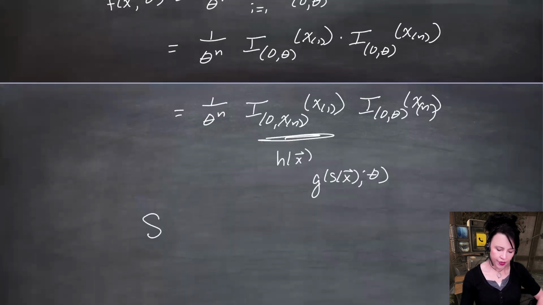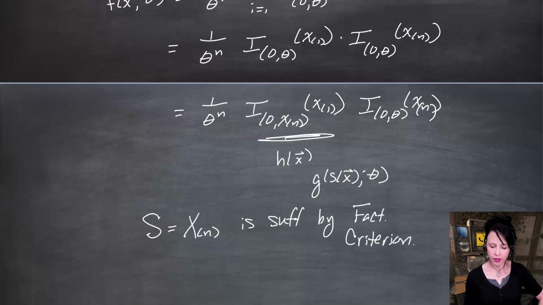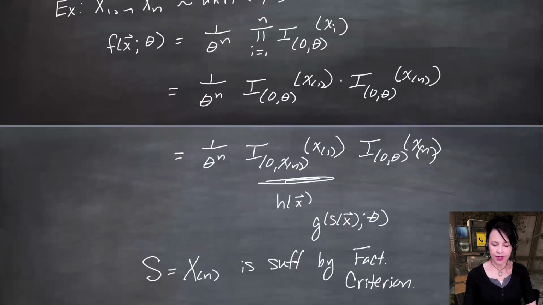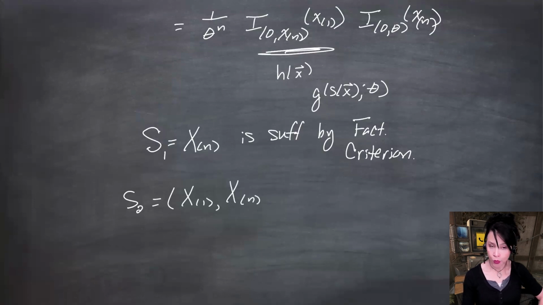And so we know that the statistic that is the maximum is sufficient by the factorization criterion. But we also said that you can stop the simplification in any of the lines above. So this is one sufficient statistic. Another one would be to have both the max and the min. That is more than sufficient, right? Another one would be to have all of the data.